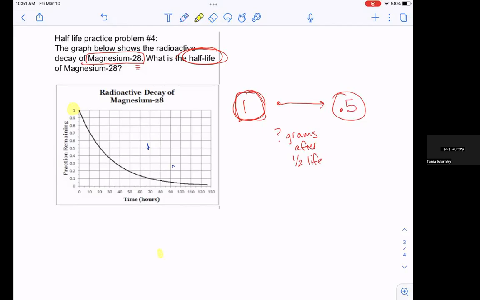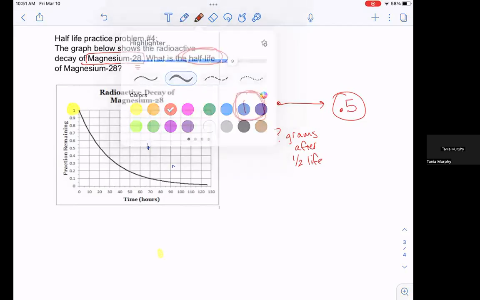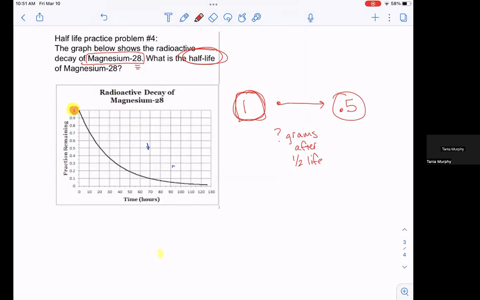So if I take the original number, the 1, and I cut it in half, that takes me to 0.5. Well, now I just need to read my graph. I went from 1 to 0.5 in 20 years. So the half-life of magnesium-28 is 20 years. That's simple, right? Just take the original value, cut it in half, read over, read down, and you've got your half-life.